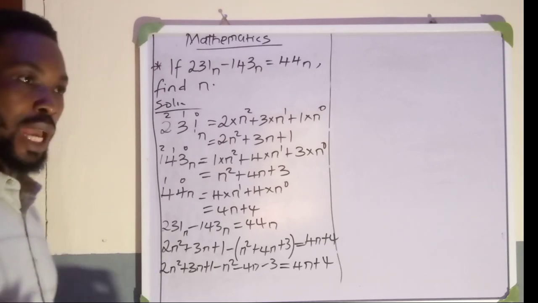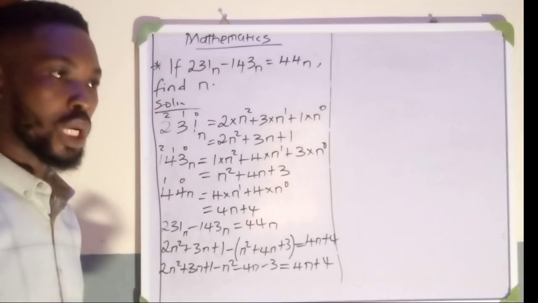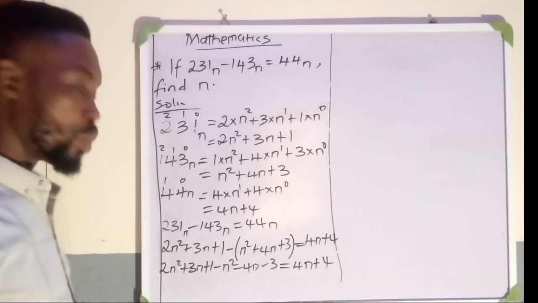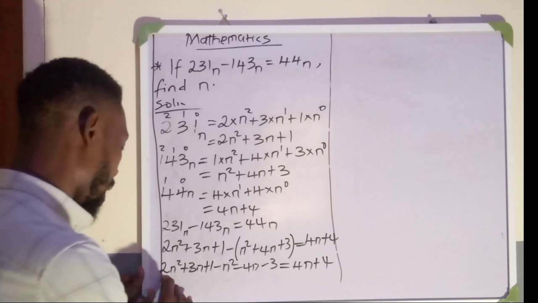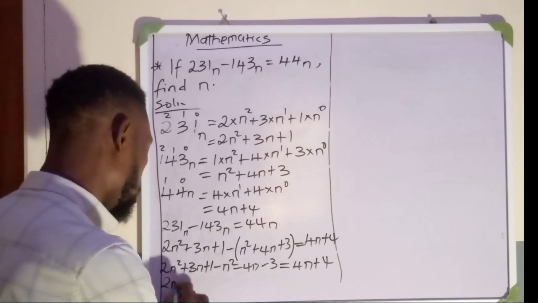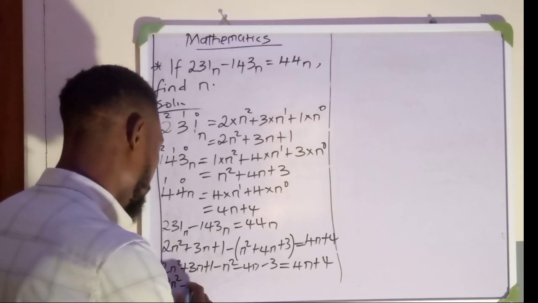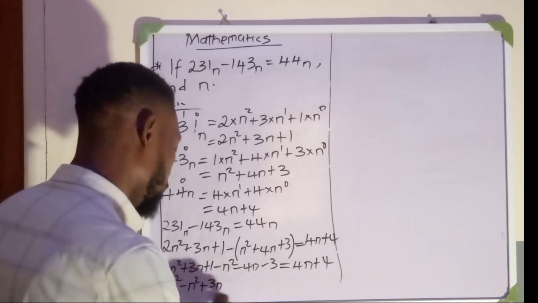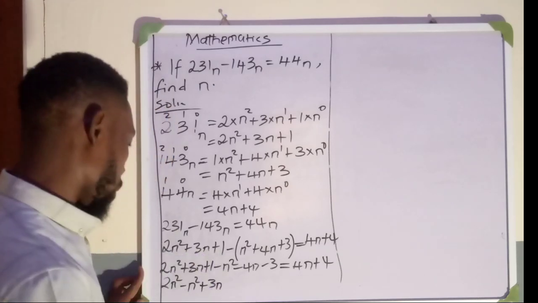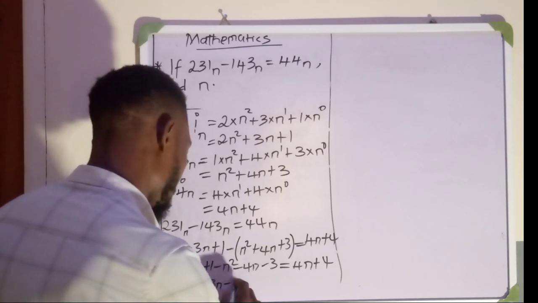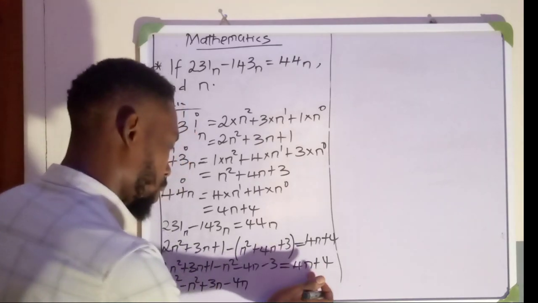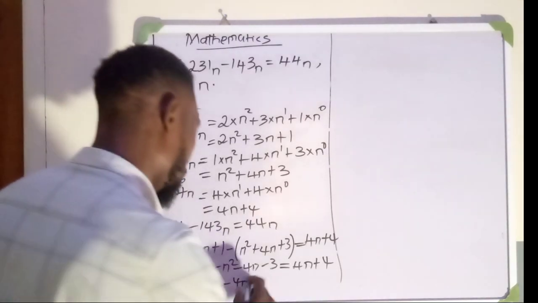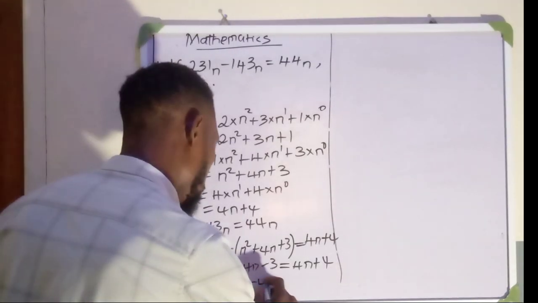We collect like terms. I'm going to collect it in such a way that all those n terms will be on the left hand side and the terms that don't have n will be on the right hand side. So if we do that, we have 2n squared minus n squared plus 3n minus 4n. This 4n on the right hand side is positive, so if I bring it to the left, it will be minus 4n.